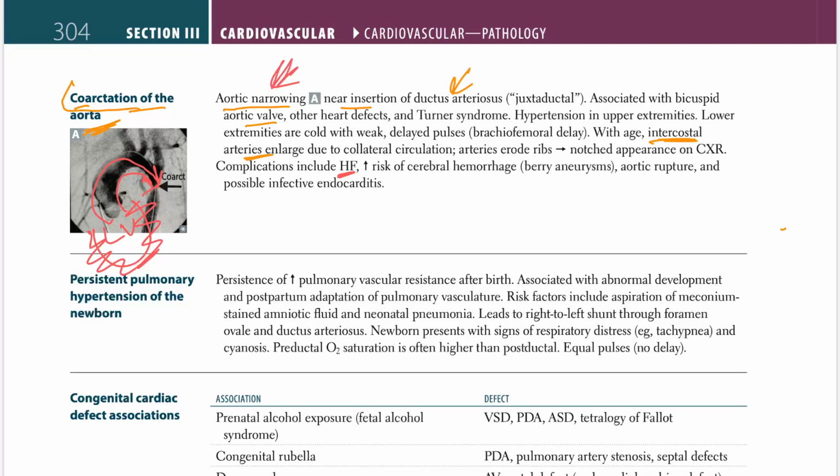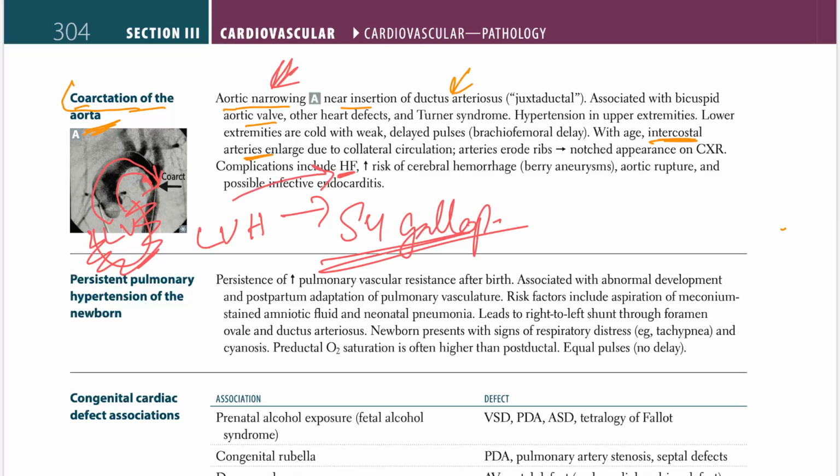When it can't push, it's going to go into left ventricular hypertrophy. That left ventricular hypertrophy will give you one more thing, S4 gallop, S4 heart sound, and eventually it's going to go into heart failure, or it can cause berry aneurysm or aortic rupture because of so much flow coming here. It can rupture the aorta and in fact possibly infective endocarditis.